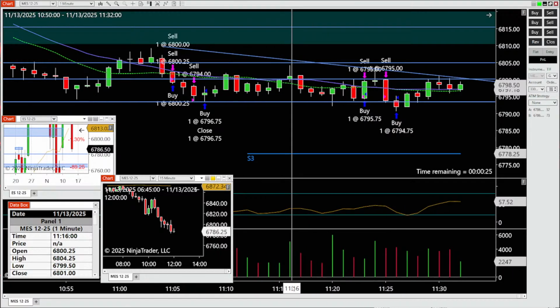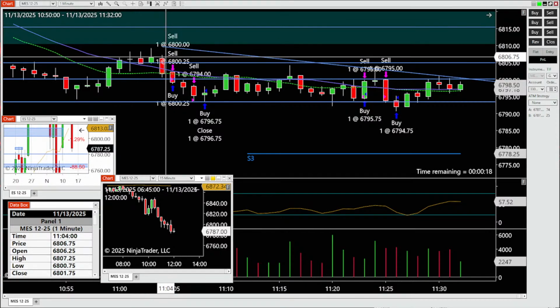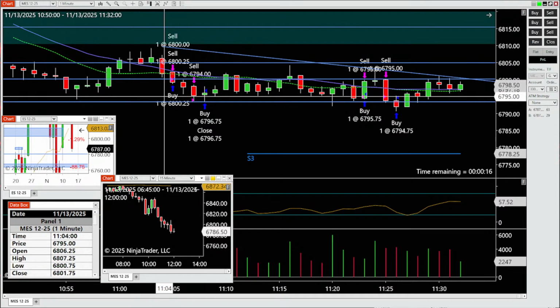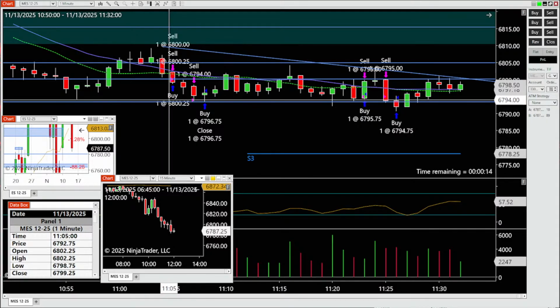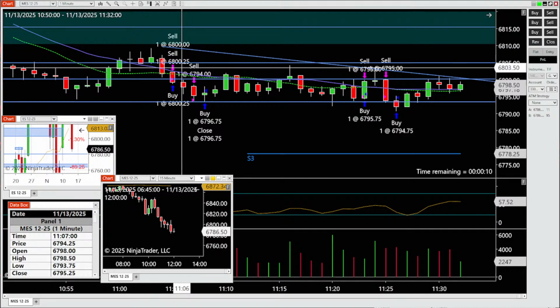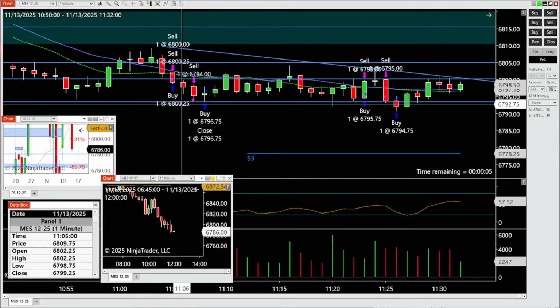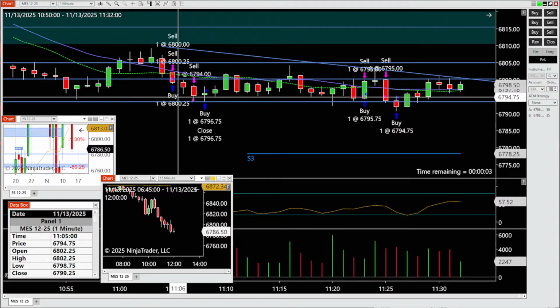Trying to figure out which one of these trades was first, because it doesn't show. I sold at 68. I sold that one at 68.25. I bought back at 68.25. So we got 4 orders. We've got to add them up.